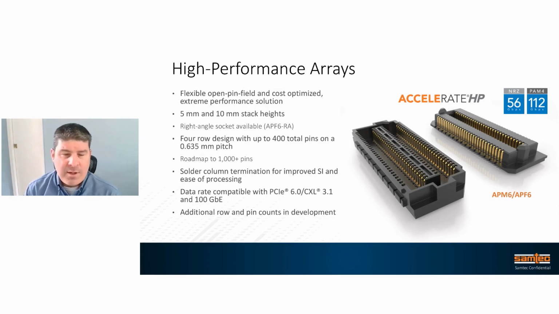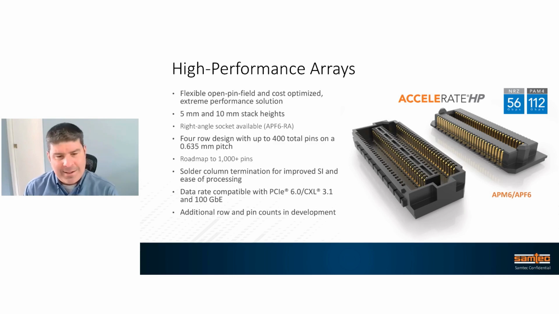Its bigger brother is the Accelerate HP. The only difference between the HD and the HP is that we add some additional space between rows 2 and 3. What that allows for is additional grounding, and it simplifies the routing of the differential pairs up and down the size of the connector.